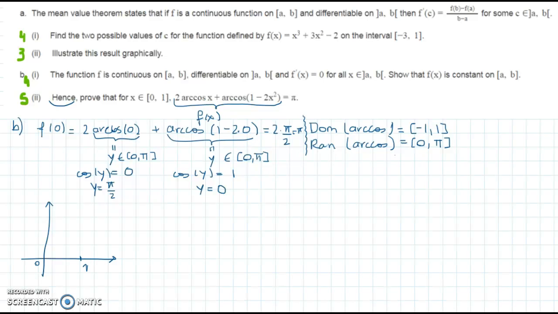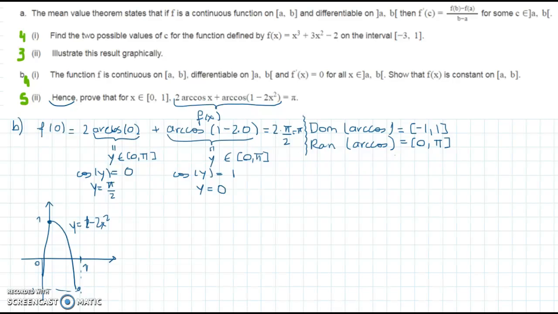You can graph that function very easily. The vertex of 1 minus 2x squared is at the point (0, 1), and the value of the function at 1 is exactly minus 1. So it looks something like this. You can check it with the calculator. This is y equals 1 minus 2x squared.